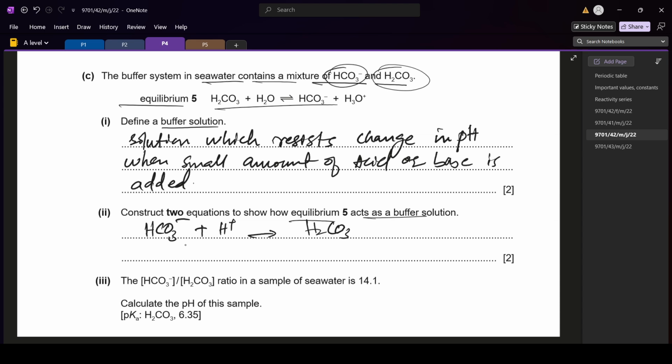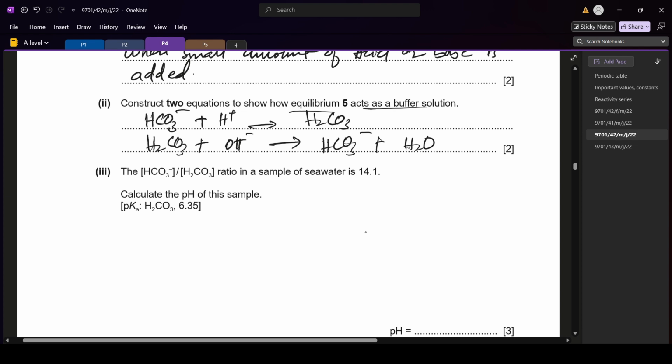And when this H2CO3 reacts with OH-, it will form hydrogen carbonate ion plus water. So that's why this is acting as a buffer solution.